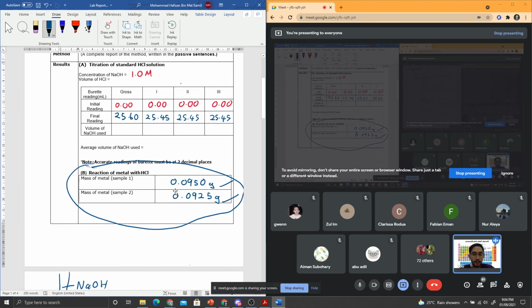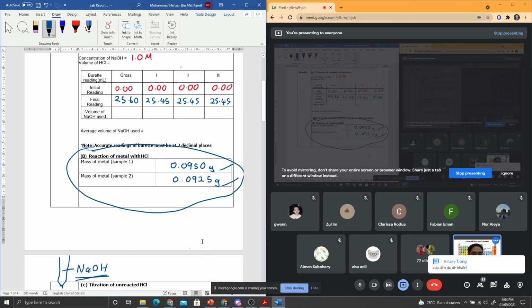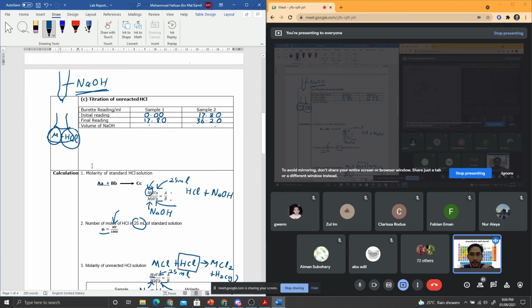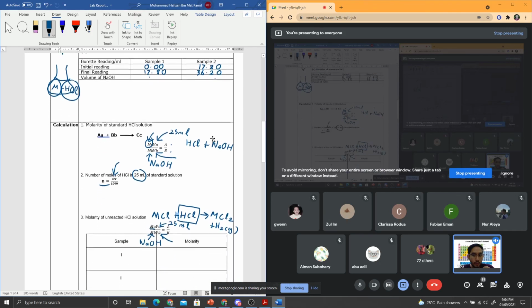And then the mass of the metal like this, 0.095, 0 and 0.925. And then untuk titration kita guna 0, start dengan 0 sampai 17.80, and then starting from 17.80 kita got the final reading untuk sample 2 36.20.